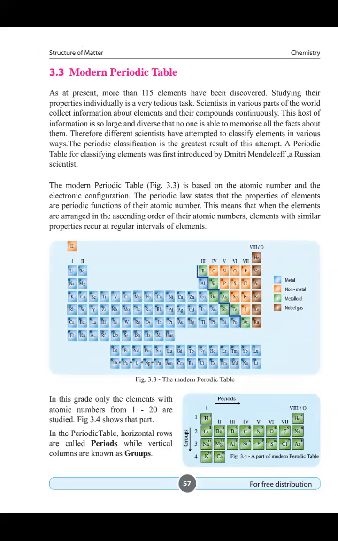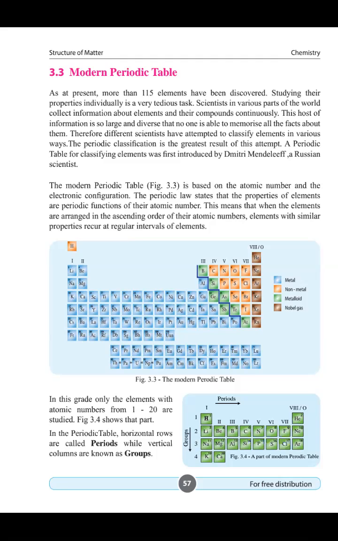There should be a pattern. And it is difficult to memorize their properties individually. So it is easy if we can have a pattern or same type of elements are categorized periodically. So the periodic table is the best way of classifying elements, and it was introduced by Dmitri Mendeleev.